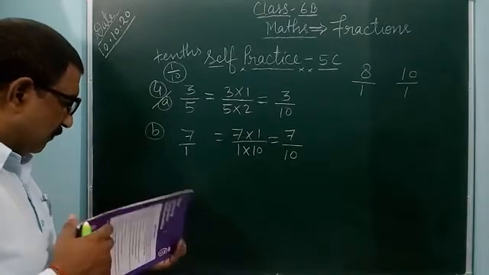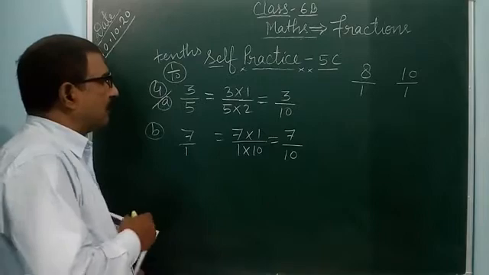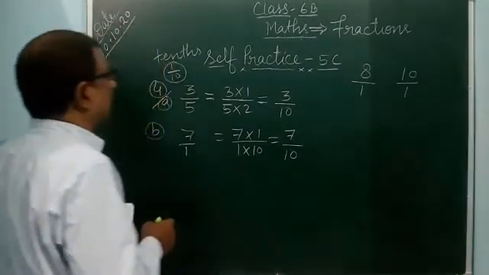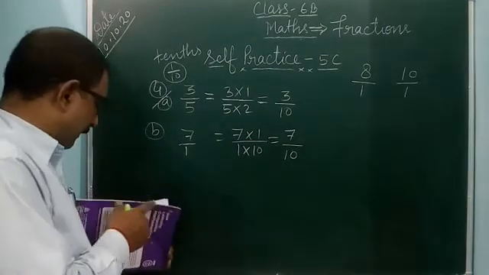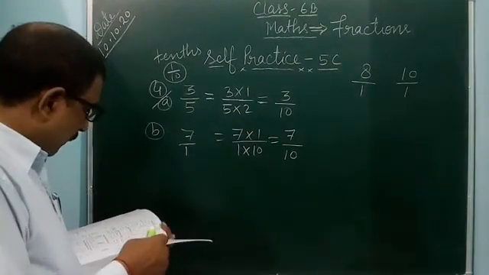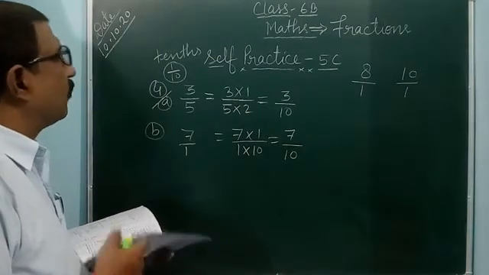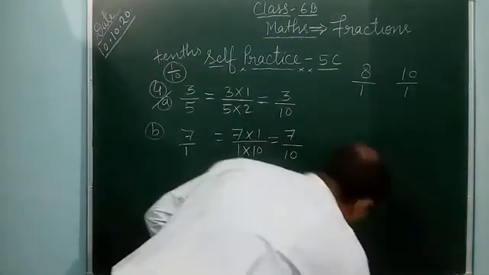You can represent it as what is given, but it should be equivalent also, no? In the case of 3 by 5, you can write 3 by 10, but it should be equivalent also. They are not equivalent, so you can't write like that.